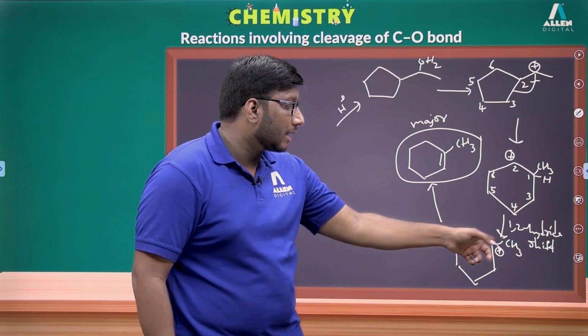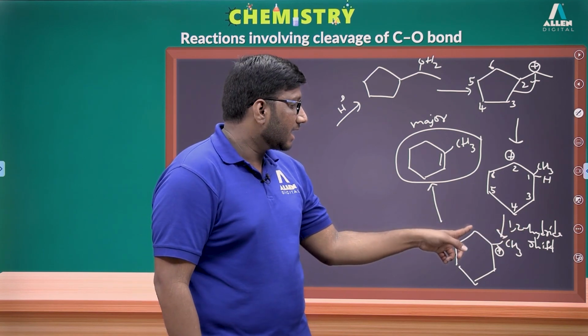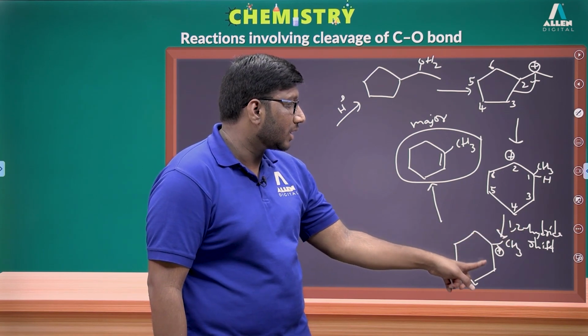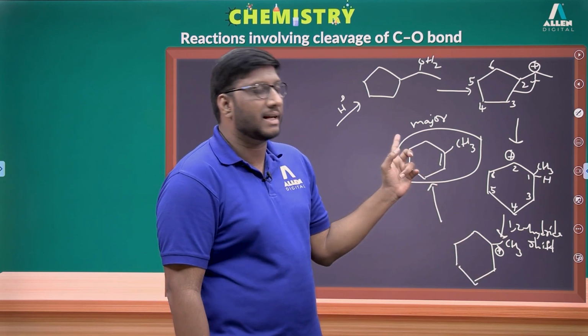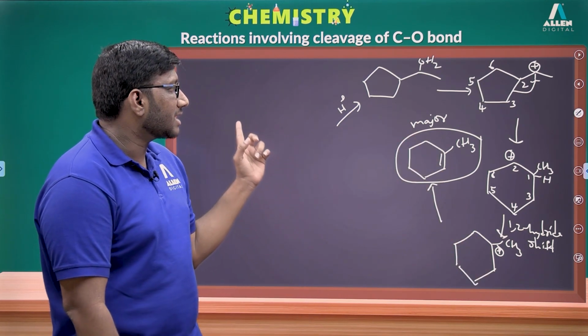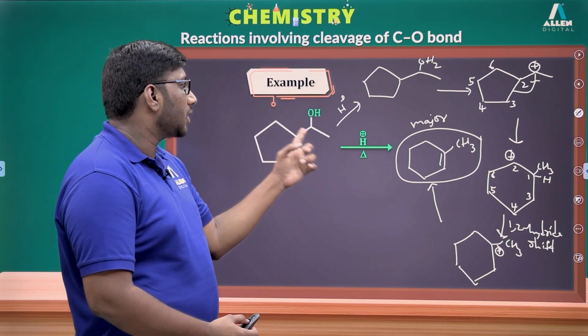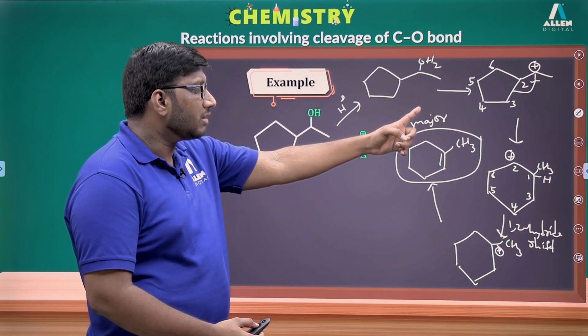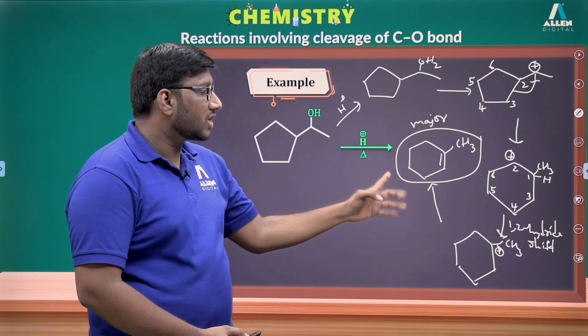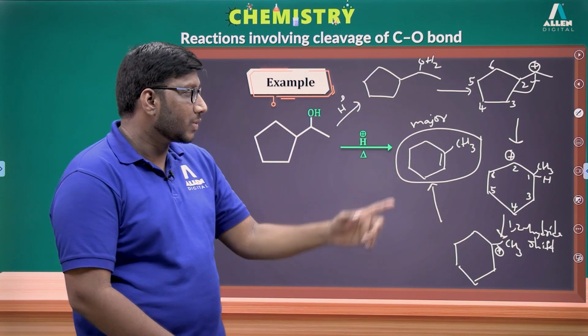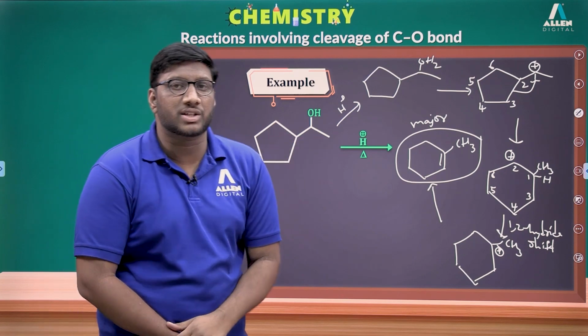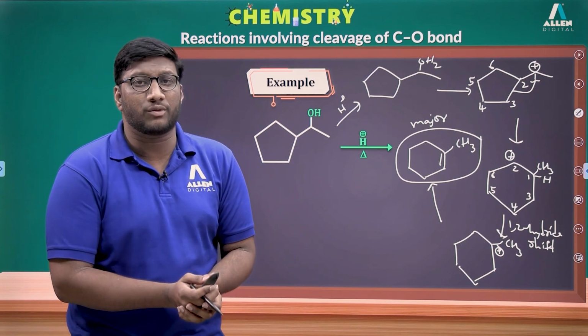If I do so, I will get a double bond outside. I can remove hydrogen from this carbon, that is the 6th one, or from the 3rd one, generating the same type of product. So this reaction actually involves ring expansion, rearrangements, and generating the major product. That is why it is a best example to understand dehydration of alcohols.